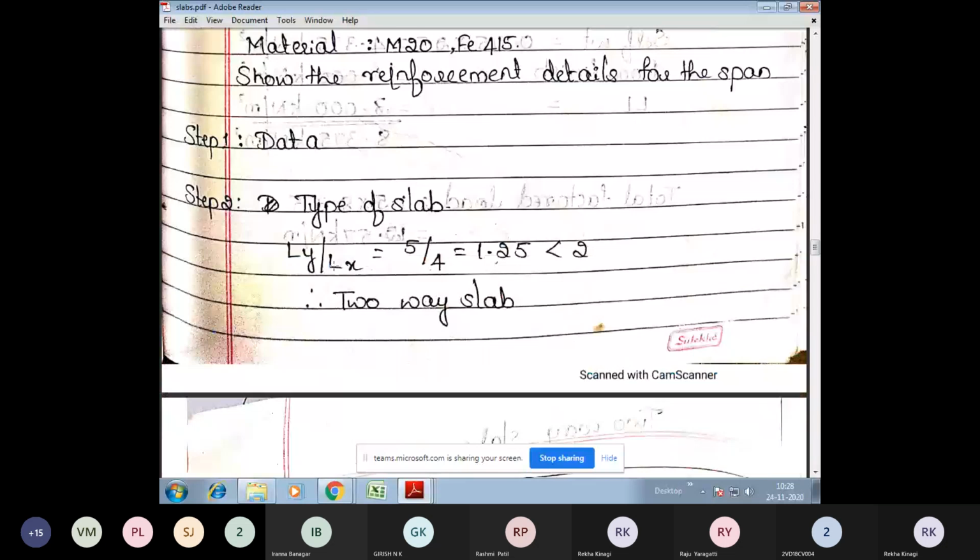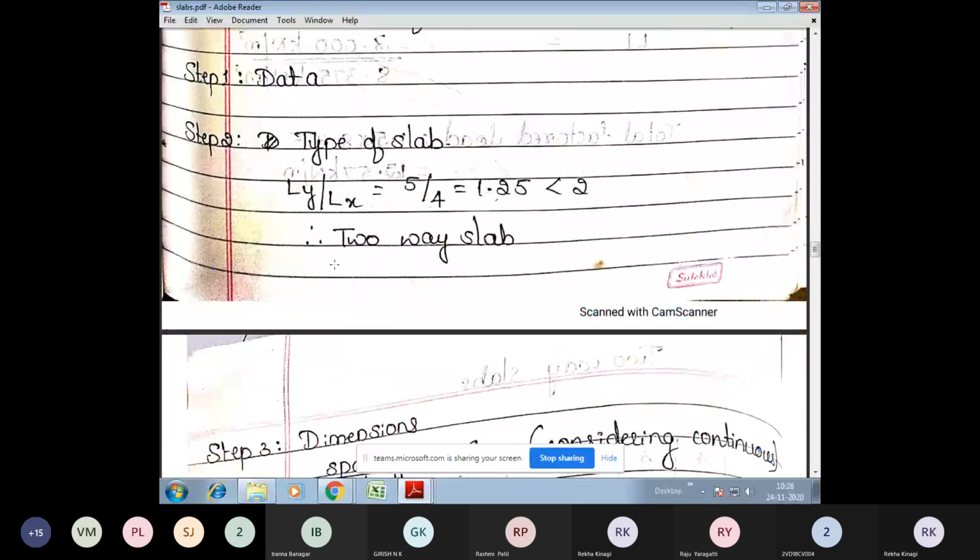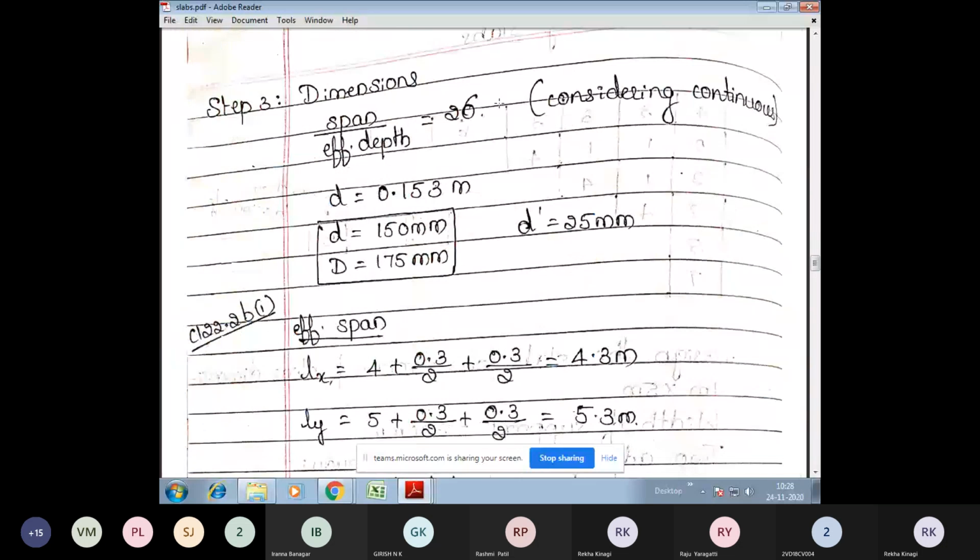So considering continuous criteria, we'll assume a value of 26 and we'll get the depth as 0.153 meter. So we can consider the effective depth as 150 mm and considering effective cover of 25 mm, we can get the overall depth as 175 mm.